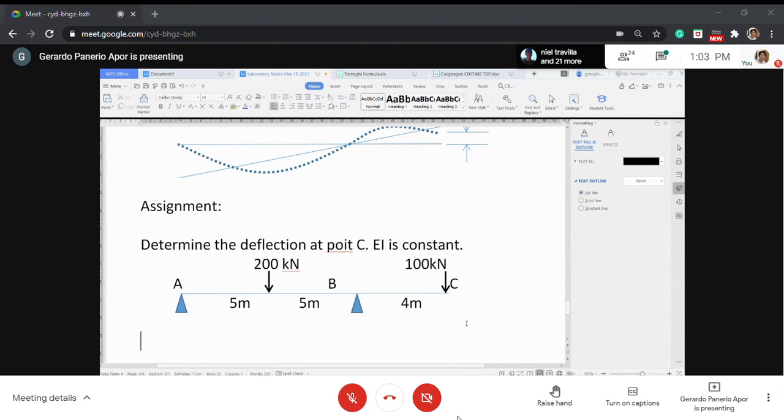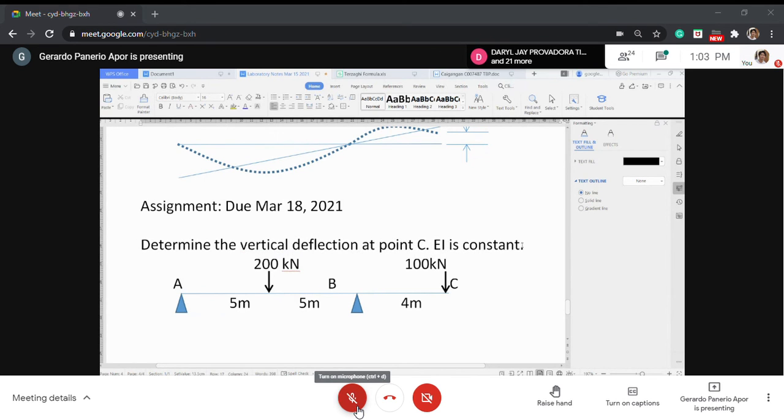So, first, your assignment. This is due in March. It's almost March already. 15 today, 16 tomorrow, Tuesday, Wednesday. Okay. The vertical deflection at point C. Vertical.